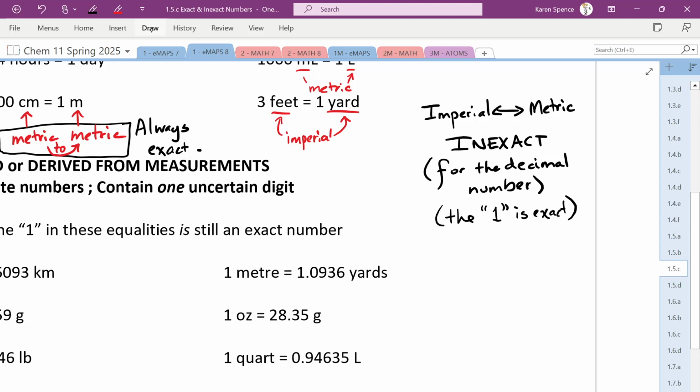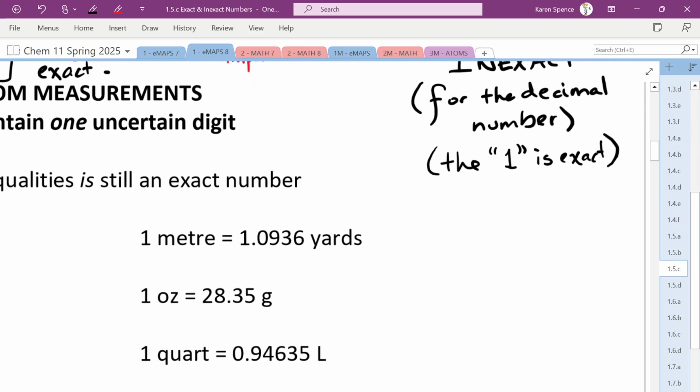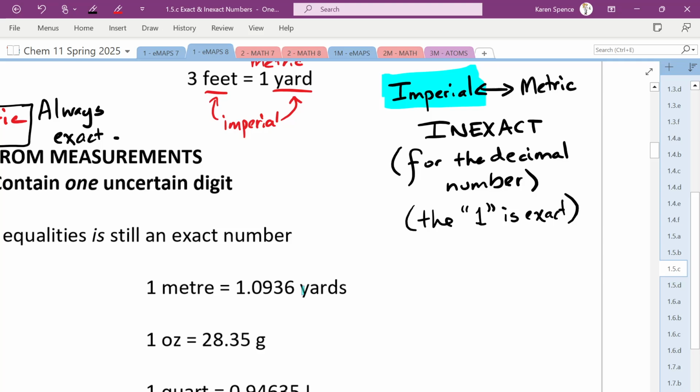we have imperial. Okay, I'm going to put those all in blue. We've got blue and blue and blue. So yards and ounces and quarts are all imperial.